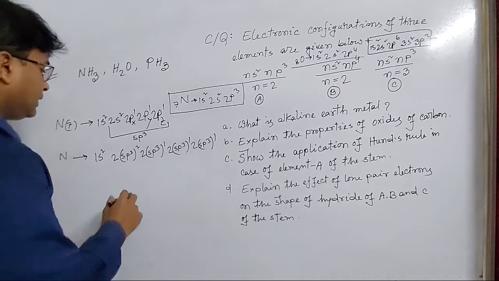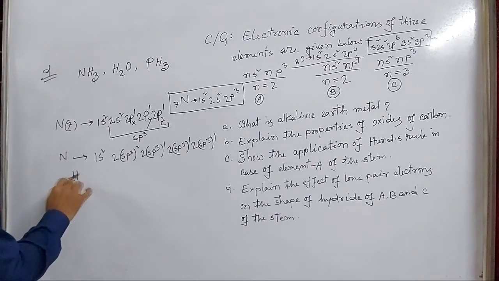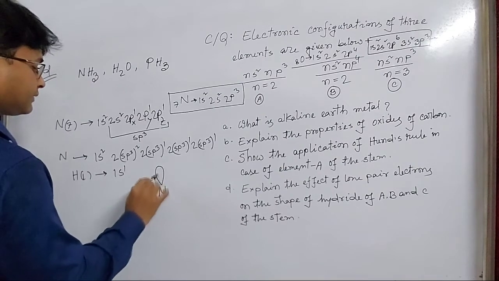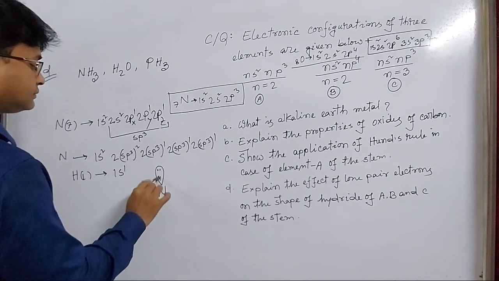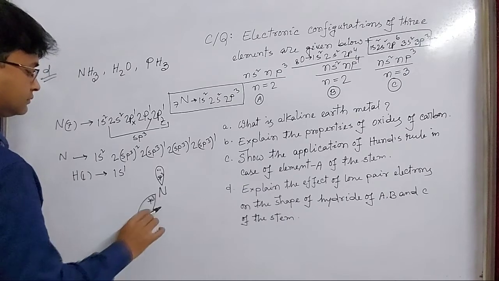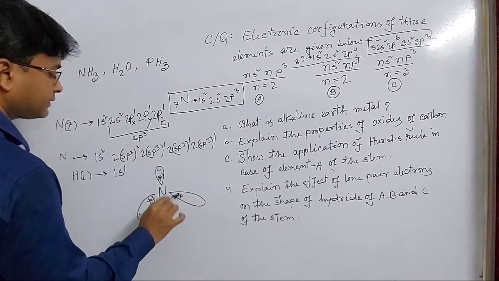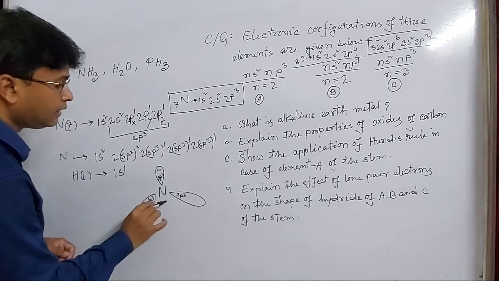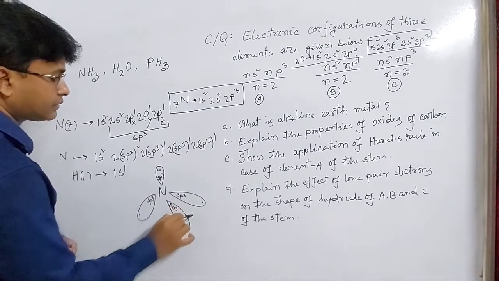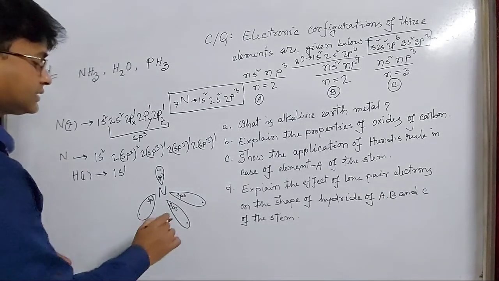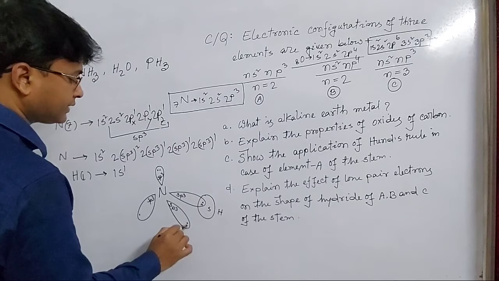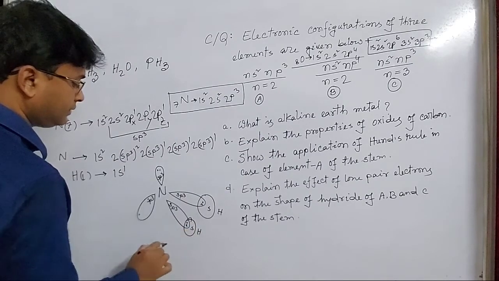So students, if I draw here the orbital figure of nitrogen, this is the orbital figure of hybridized nitrogen, and 3 sp3 hybrid orbitals containing a single electron overlap with the s orbital of 3 hydrogen atoms to form ammonia.